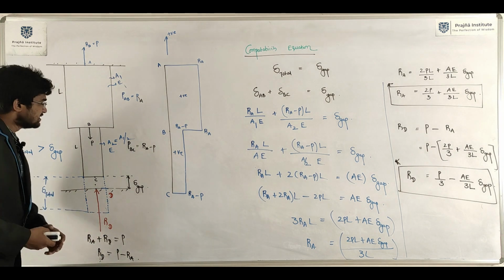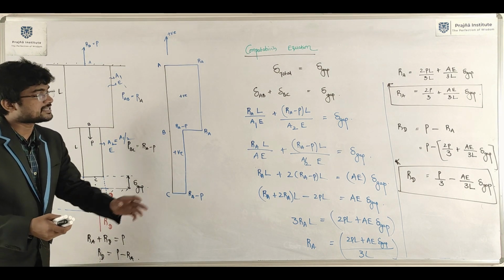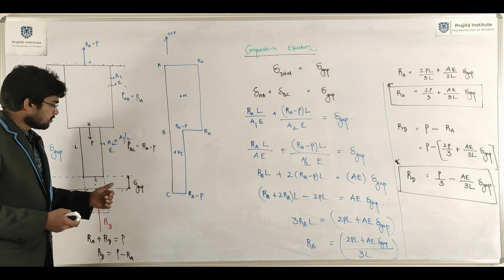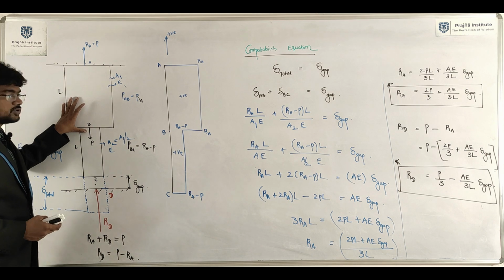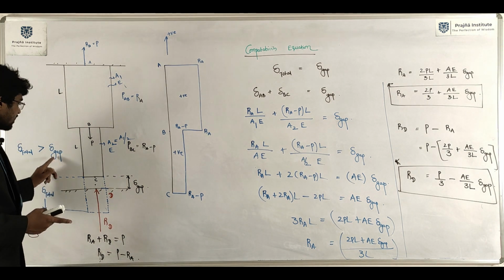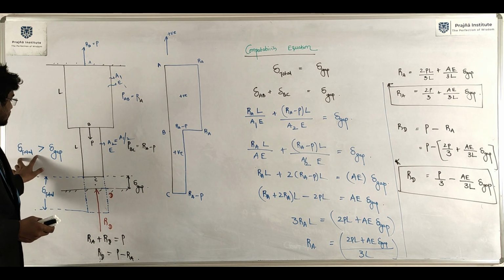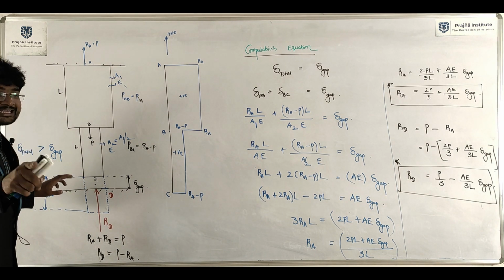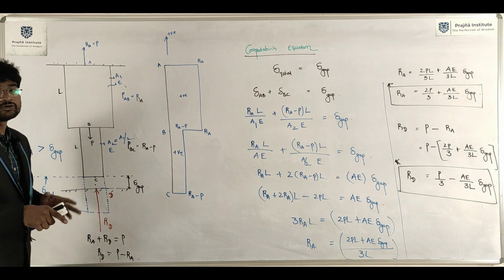So I repeat, in this type of problems, they will definitely ask to determine support reactions. As a first step, determine delta total. Check the condition whether delta total is greater than or equal to delta gap or not. Once delta total is greater than or equal to delta gap, RD is not equal to 0.